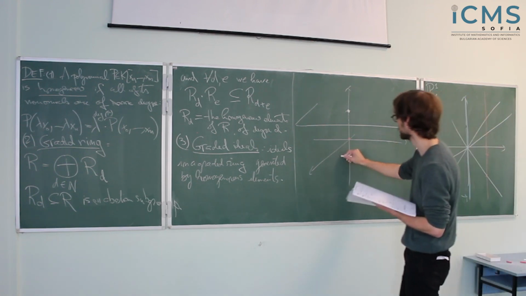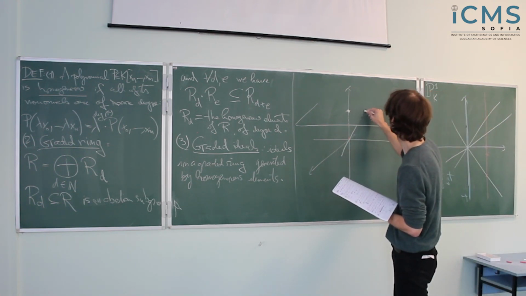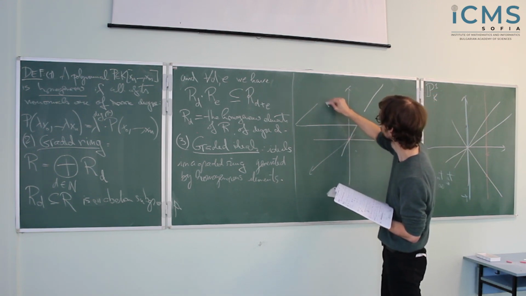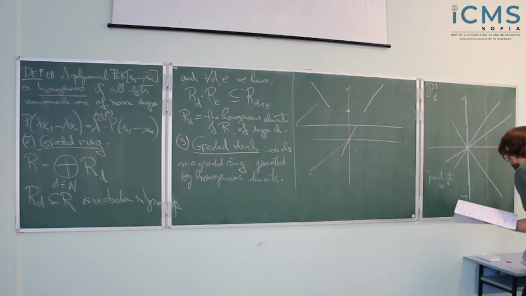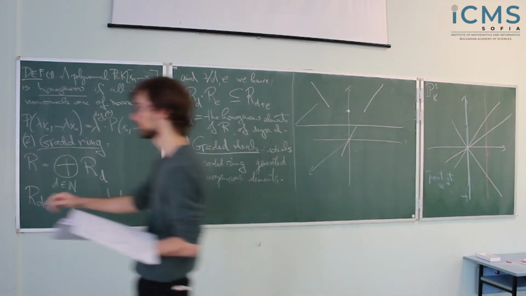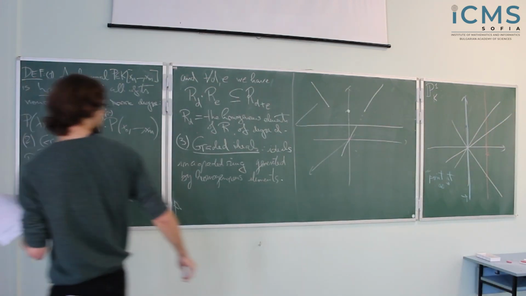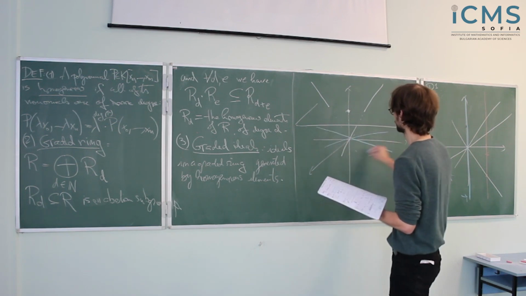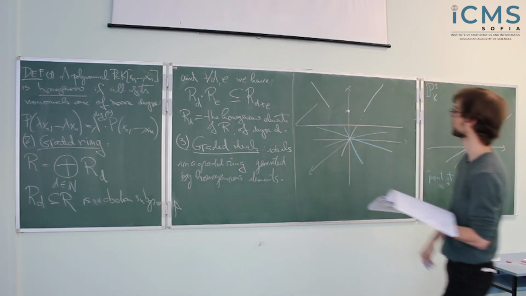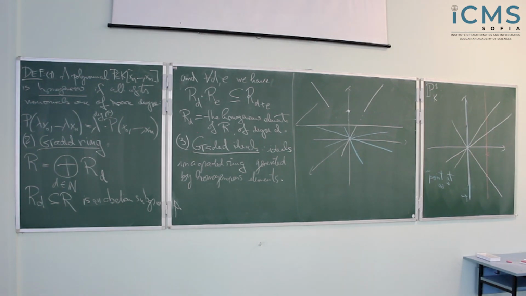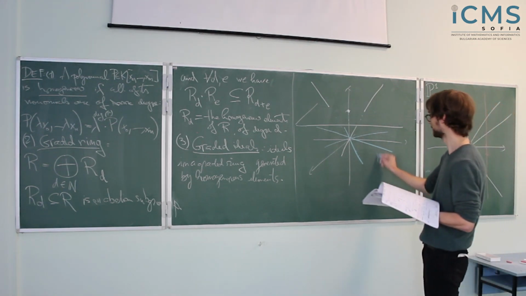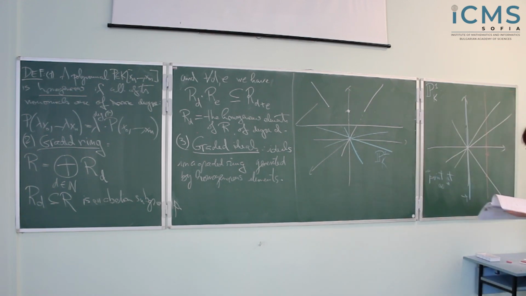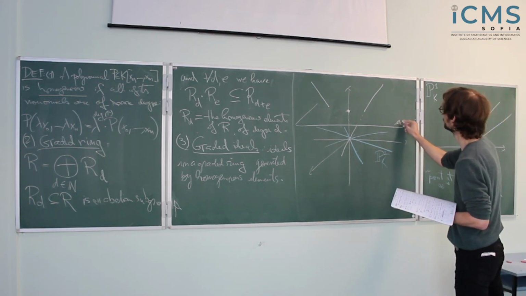This is the origin. Almost all of them intersect that plane. The only lines that do not intersect that plane are the lines that lie in the z equals 0 plane. But these lines that lie in the z equals 0 plane are precisely P1 by the previous example. So we get that P2 is a union of P1 and A2.